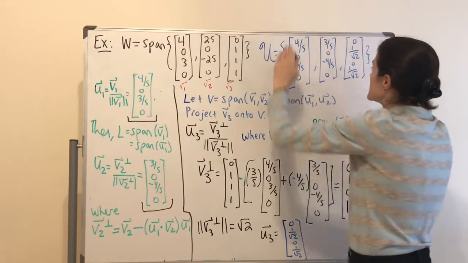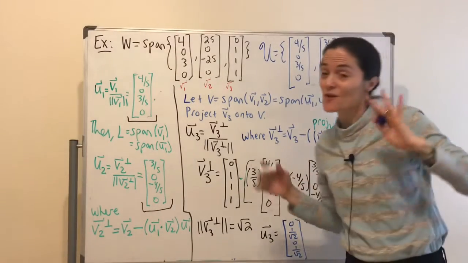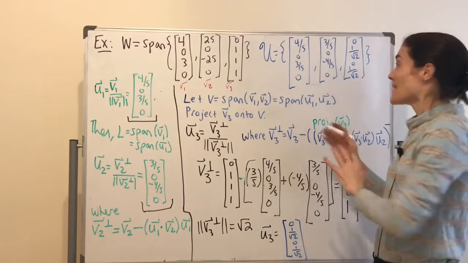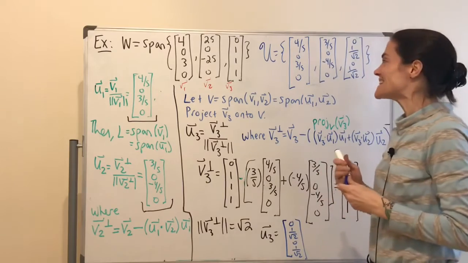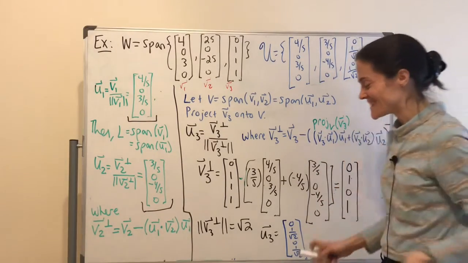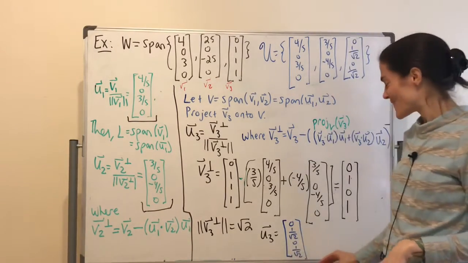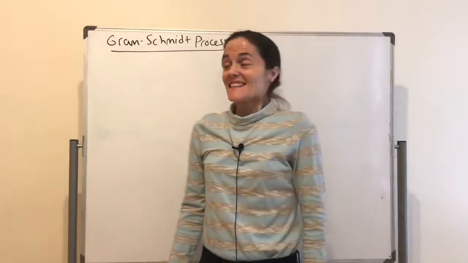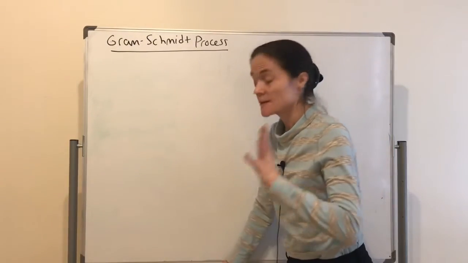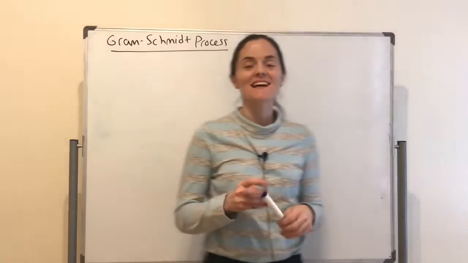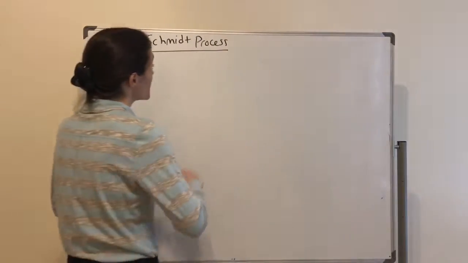Okay, and you can check that it's an orthonormal collection of vectors. Very nice. This is what we're looking for. This is called the Gram-Schmidt process, and let's discuss how we do it in general.